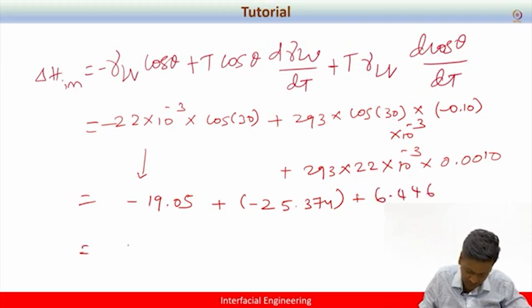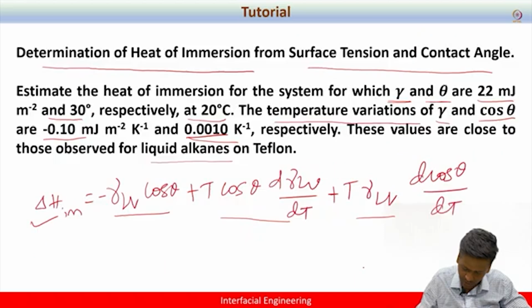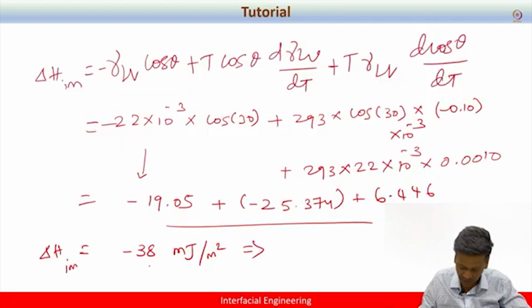Finally you will get the answer as minus 38 millijoule per meter square. So this is for delta H immersion. The answer for the heat of immersion for this problem is minus 38 millijoule per meter square.